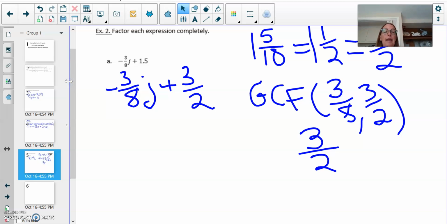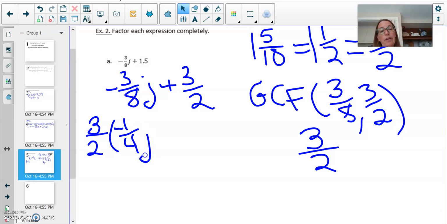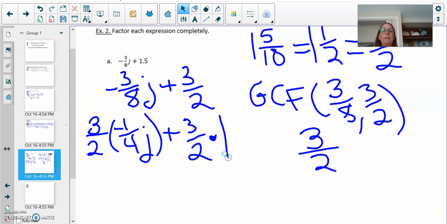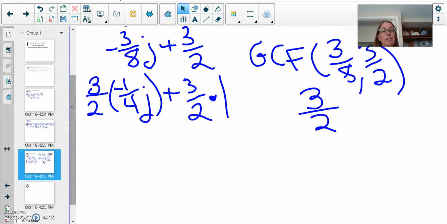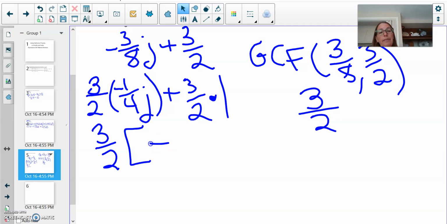So negative 3/8 j, I'm going to rewrite as 3/2 times negative 1/4 j, plus 3/2, I'm going to rewrite as 3/2 times 1. Now I can pull that common factor of 3/2 out to the front. So it becomes 3/2 times the quantity negative 1/4 j plus 1.